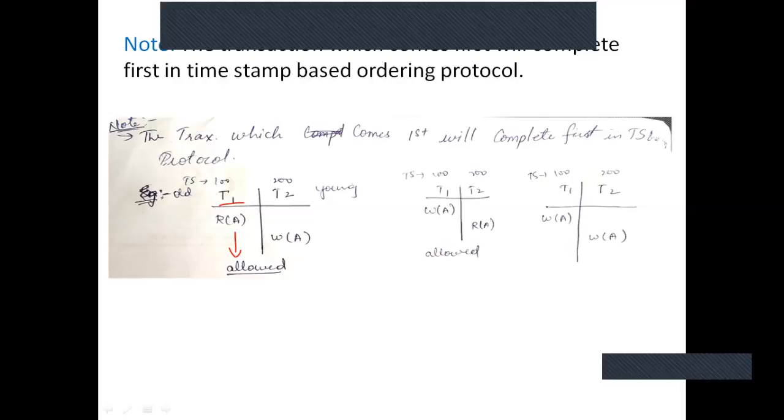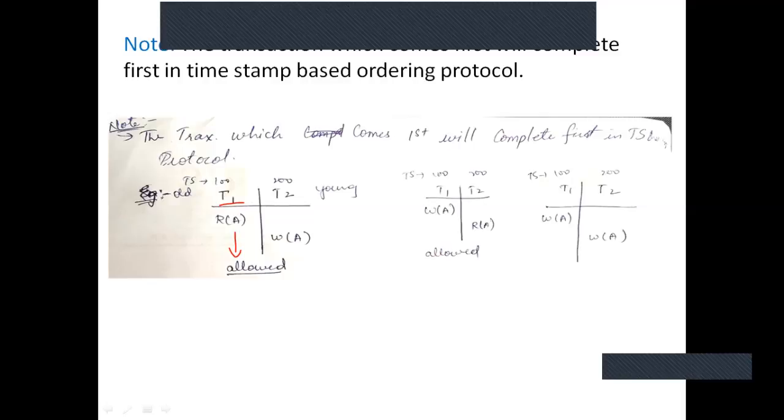Now coming back to the example. We have seen transactions T1 and T2, where T1 has timestamp 100 and T2 has timestamp 200. Since T1 has come first, it shall execute first and commit, and only then must T2 commit. Here also the same thing: you have two transactions where T1 is writing first, then T2 is reading.